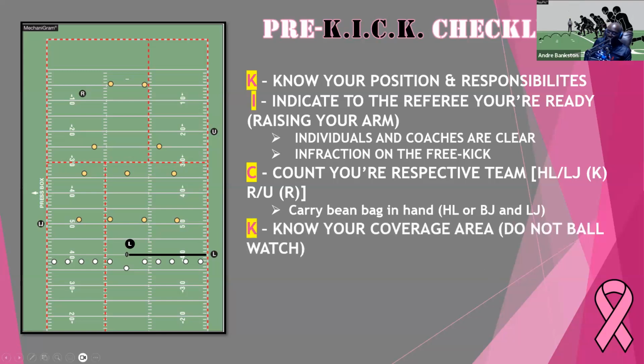The other key is know your coverage area and do not ball watch. The little lines here give you an idea of your coverage area. Don't follow the ball. Don't look in the air and try to see what the ball is doing. Balls don't commit fouls. Ball doesn't hold. Ball doesn't block below the waist.